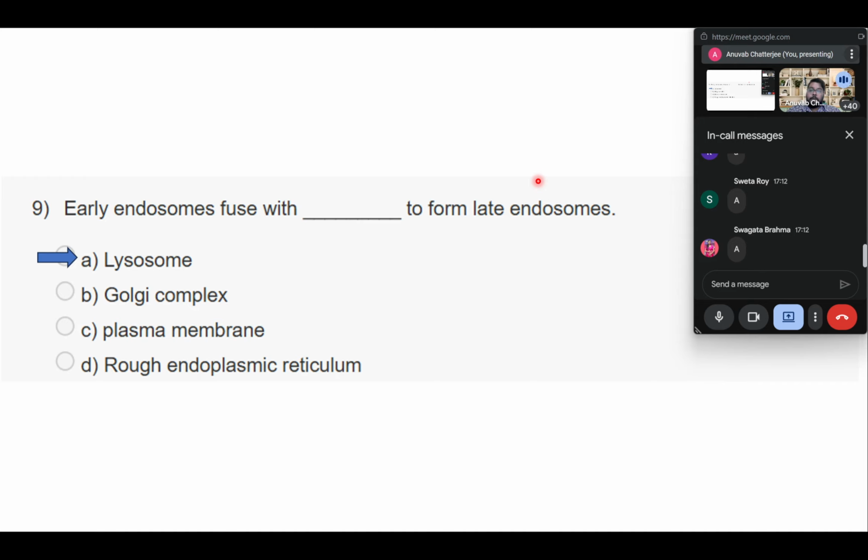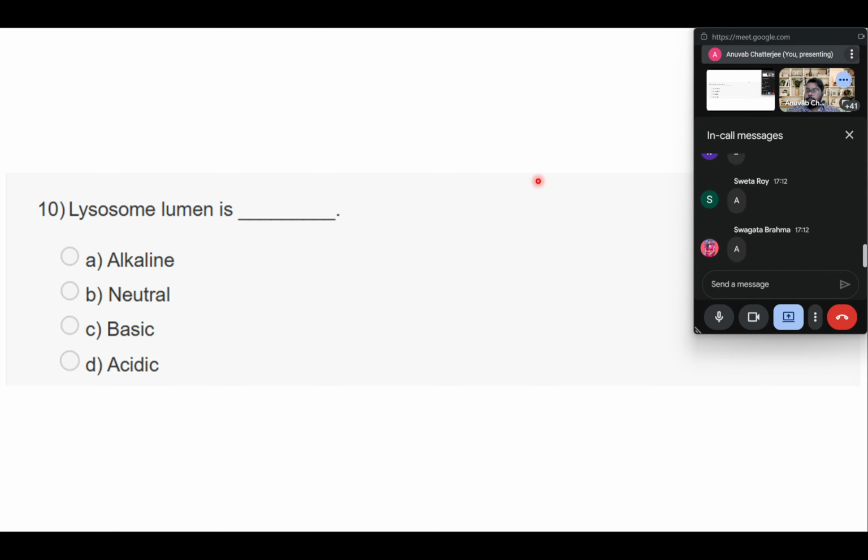Okay, so early endosomes fuse with blank to form late endosomes. The answer is lysosome. Okay, the next question: the lysosome lumen, which is the inside of the lysosome, is blank.